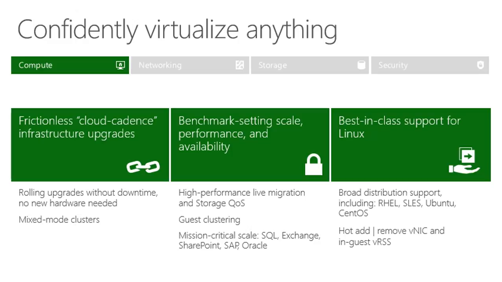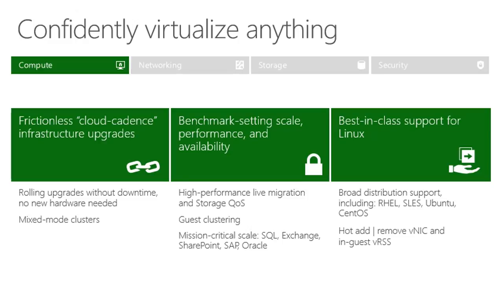From a virtualization point of view, we're making sure that we have best-in-class support for Linux, and the benchmark-setting scale that we've had in Server 2012 previously. We're adding some new things in there, and we'll talk more about this on the second webinar that we do around virtualization, about high performance live migration and storage quality of service.